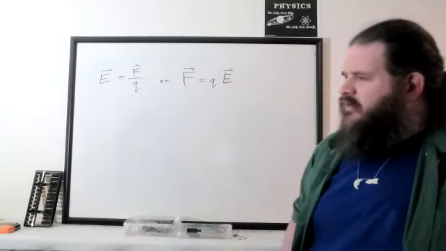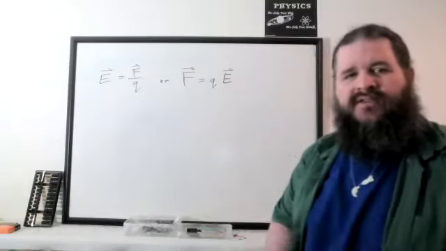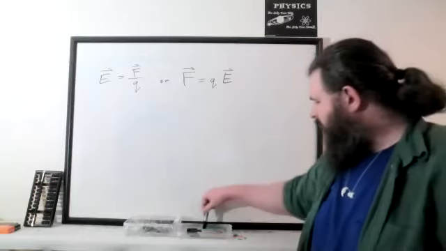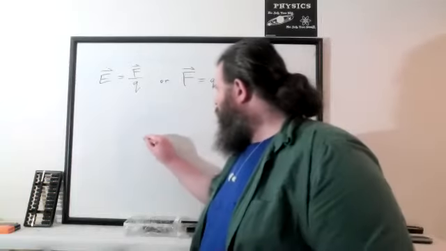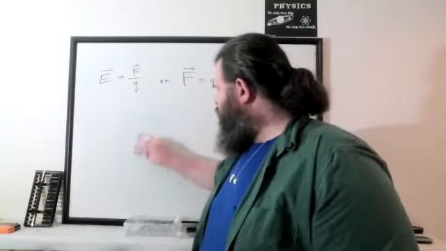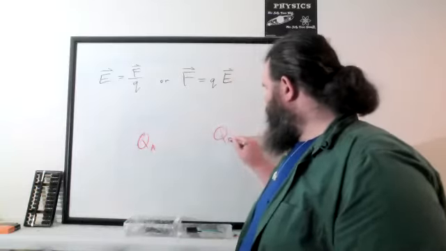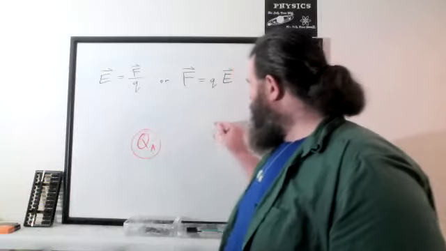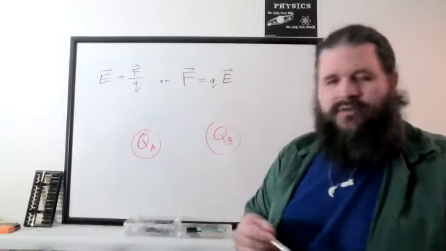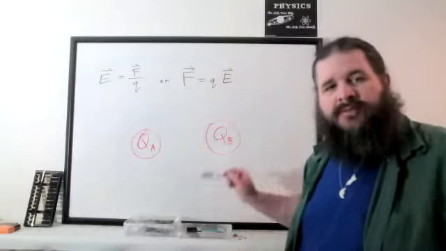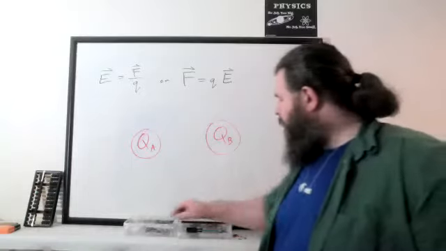Keep in mind that we're basically treating this as a two-step process here. Instead of just thinking of it as, let's say you have a couple of charged objects, a charge A and a charge B. Of course, what's really going on here is charge A and charge B are exerting forces on each other.